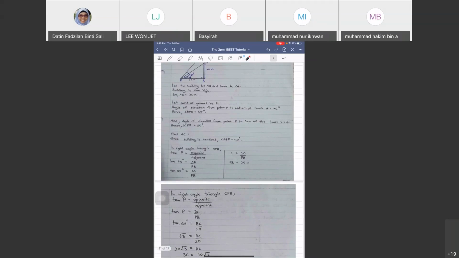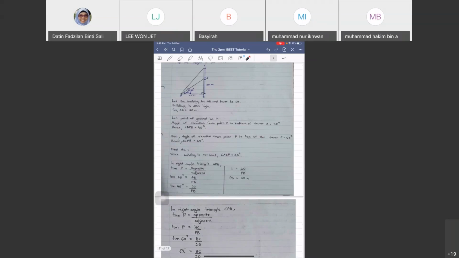All right, let's look at this. One big ground angles, elevation. Find AC.